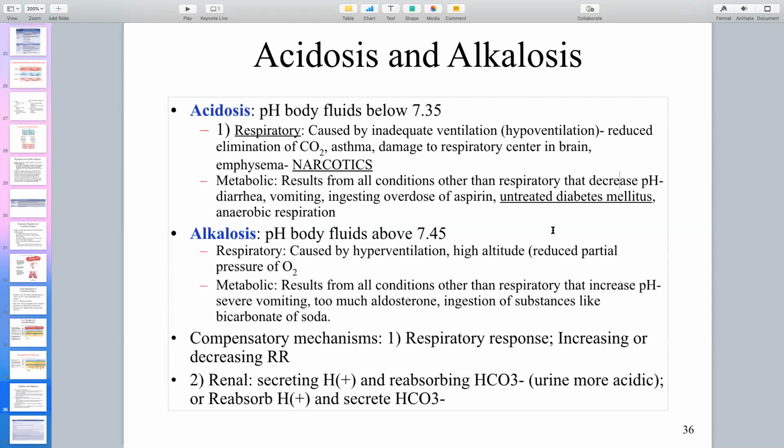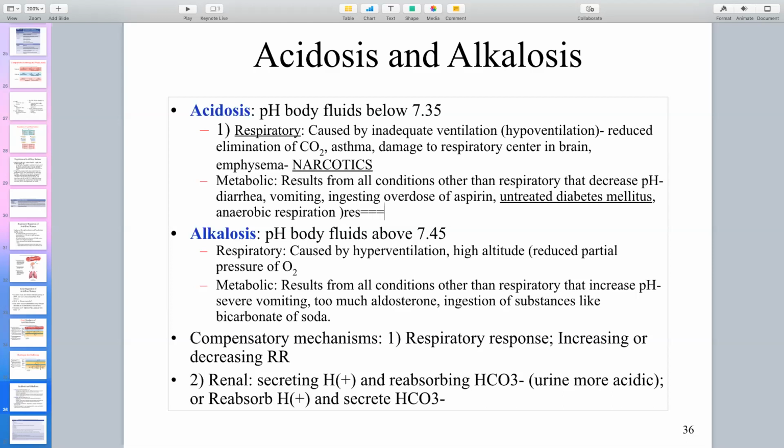By itself, the keto acids aren't very acidic, but when you have a lot of it, it causes the body to become more acidic because there's so much. So any effect that can decrease the pH by increasing the hydrogen concentration, like poorly treated diabetes, when they have DKA, diabetic ketoacidosis, can cause us to have metabolic acidosis.